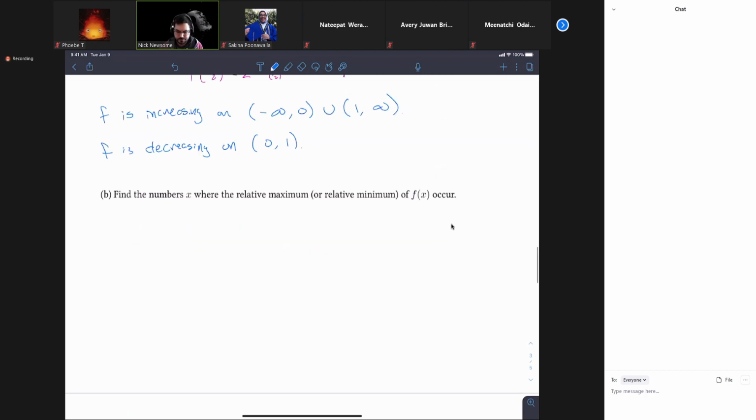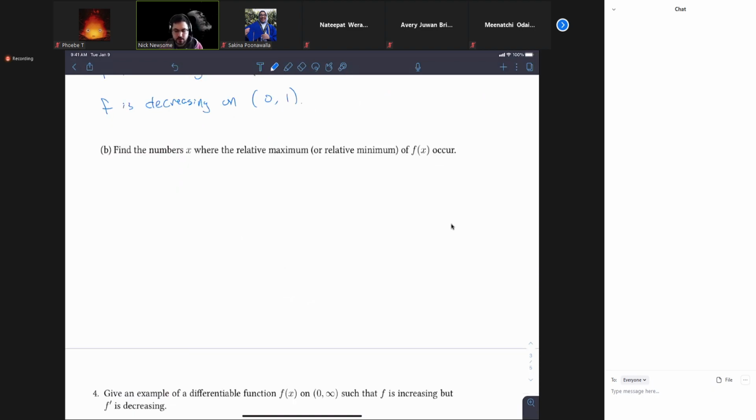Part B, we want to find the numbers where the relative maximum or relative minimum of f of x occur.